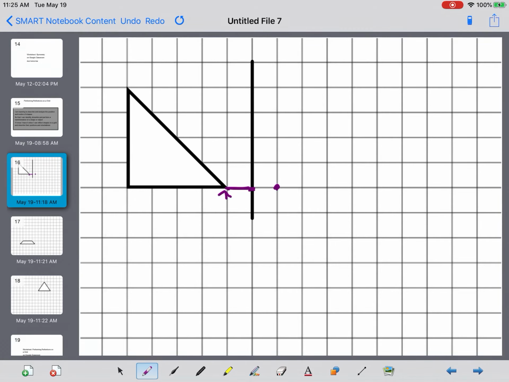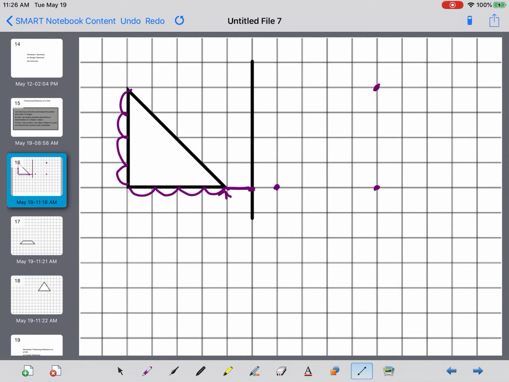Then from that point, the next point is 1, 2, 3, 4 units away. So I'm going to go 1, 2, 3, 4 units away from that. Then lastly, I'm going to go to the final point, which is, I believe, 1, 2, 3, 4 points above that last point I just did.